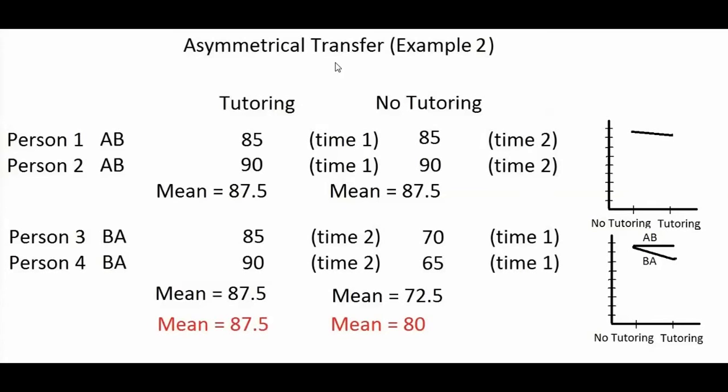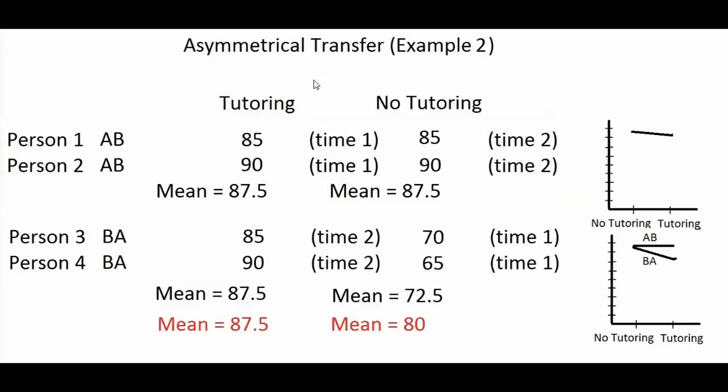Whenever you're doing a within subjects design with a treated condition and an untreated condition, and the treatment is carrying over from time 1 to time 2, then the participants who are assigned to the A-B order will benefit from the treatment at both time 1 and at time 2. And the participants who are assigned to the B-A order will only benefit from the treatment at time 2, because they're actually getting the treatment at time 2.